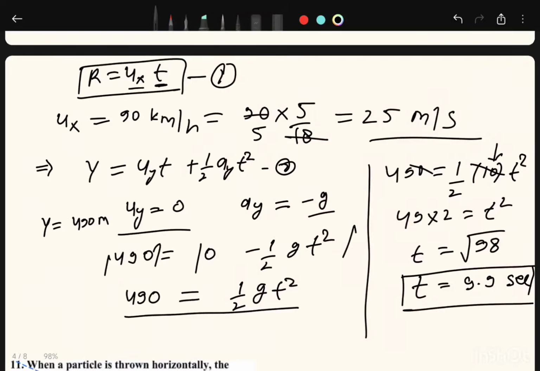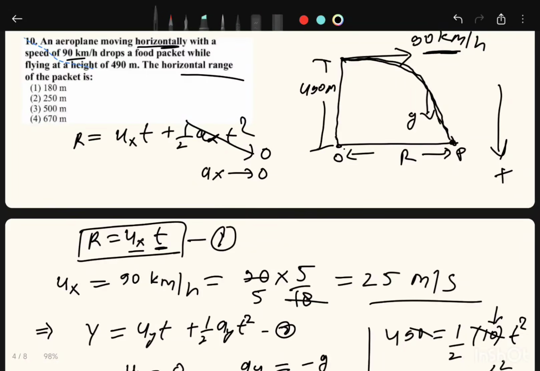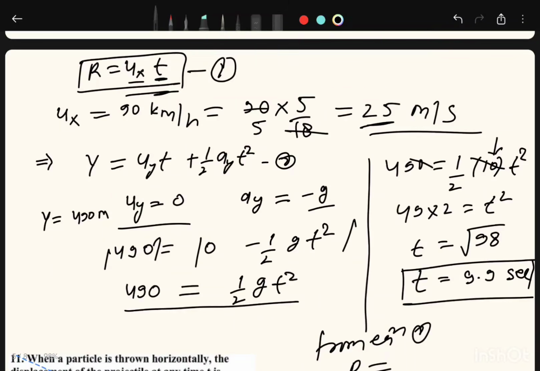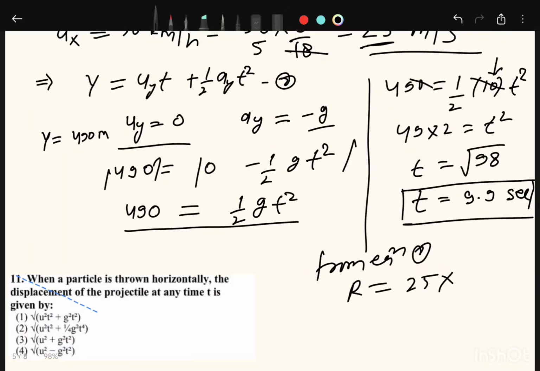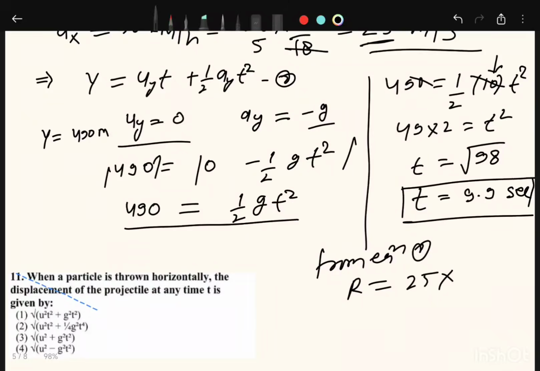And from equation 1, you have to find what we are asked in the question, the horizontal range, which is uxt. So we have the u value, so from equation 1, R will be, horizontal velocity is 25 meter per second, and the time it will take to reach the ground is 9.9 second, right?